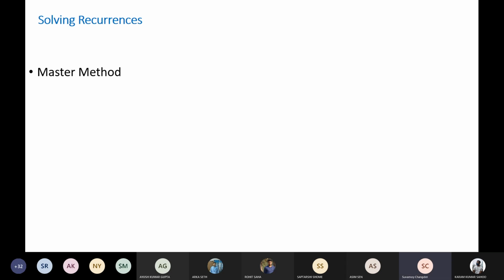The master method is a method where we can get the solution just by looking at the relationship between the constants and the related terms. Before that, let us define the master method. Let a greater than or equal to 1 and b greater than 1 be two constants.